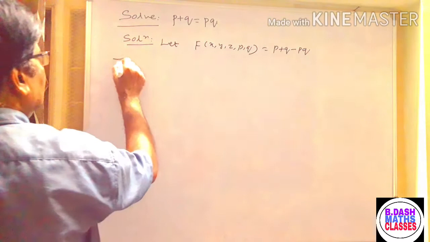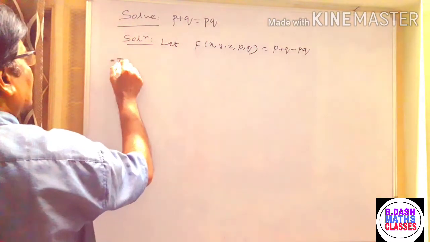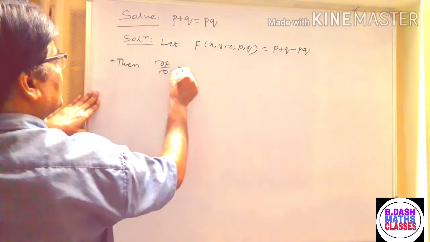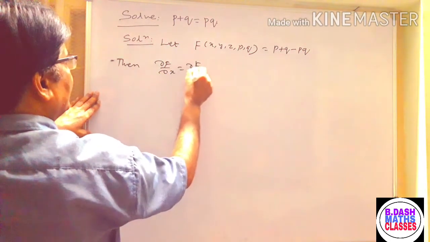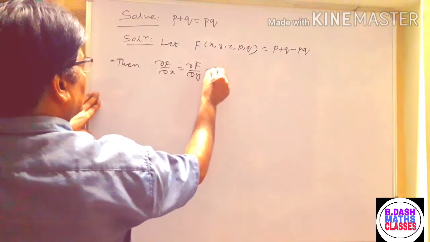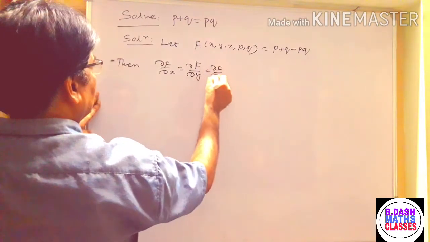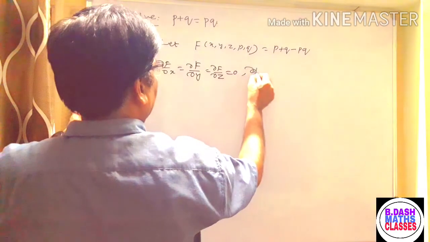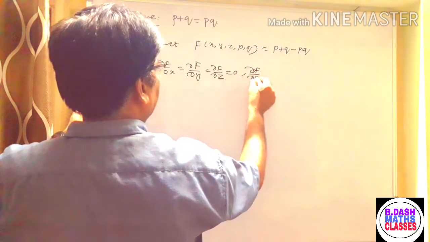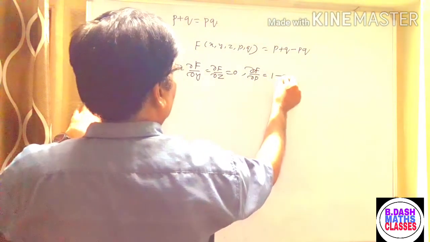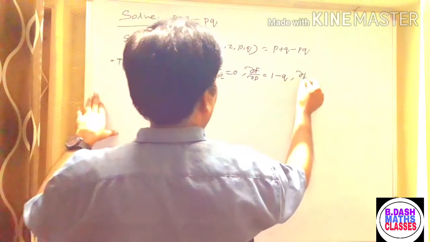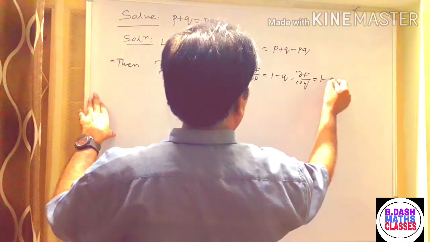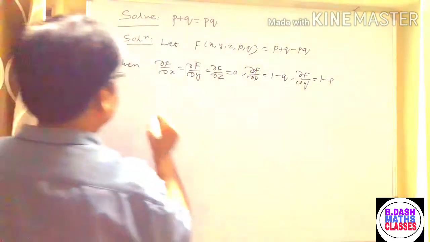Then del f by del x, del f by del y, del f by del z are all 0. Del f by del p is equal to 1 minus q. Del f by del q is equal to 1 minus p.